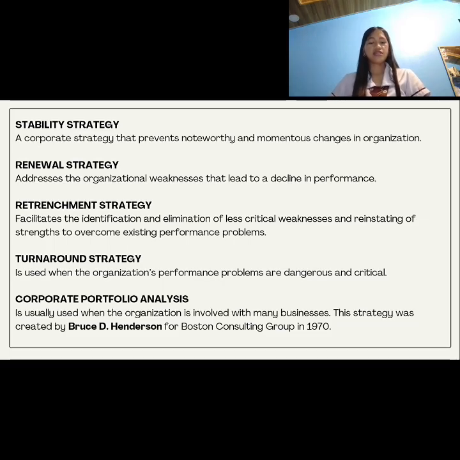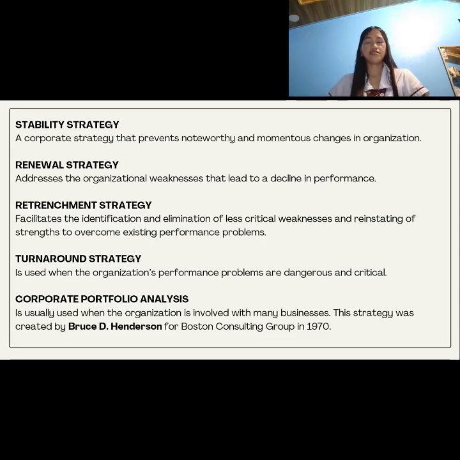Ang retrenchment strategy kay nag-eliminate og any operation nga dili na mag-create og profit para ma-stabilize ang finances and ma-reinvest ang current funds sa operation nga makagain og profit. For example, ang Nokia carrying out 4,000 job cuts and the Fujitsu unit in the UK cutting down 1,200 jobs because of the economic crisis.